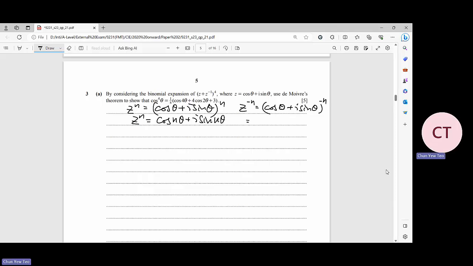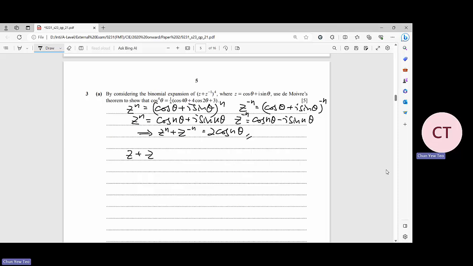So by De Moivre's theorem, you have cos n theta minus i sin n theta. Just need to show this result. So from here, z to the n plus z to the power negative n is equal to 2 cos n theta. We need to prove this result first.